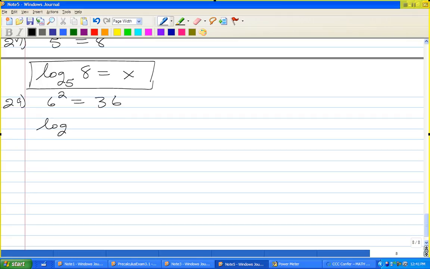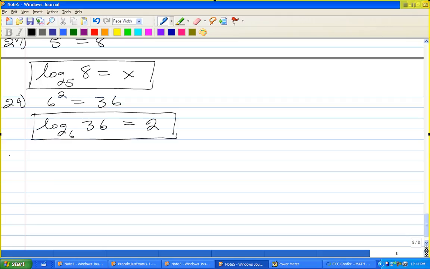So this can be written in logarithmic form as the log base 6 of the result 36 is the exponent 2. So we can think of this as saying the log base 6 of 36 is 2 because 2 is the exponent of 6 that yields the result 36.